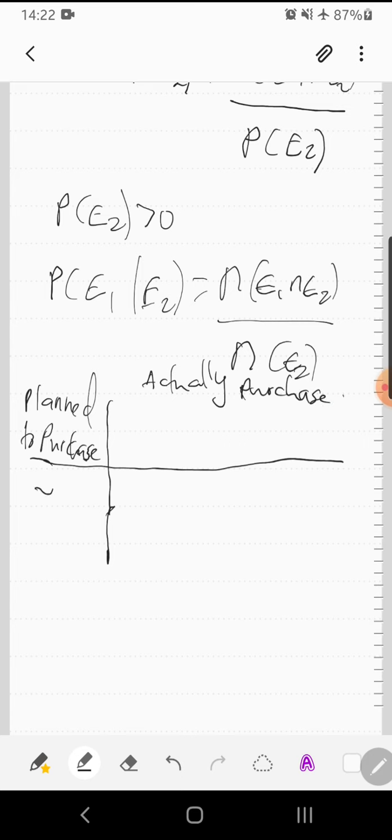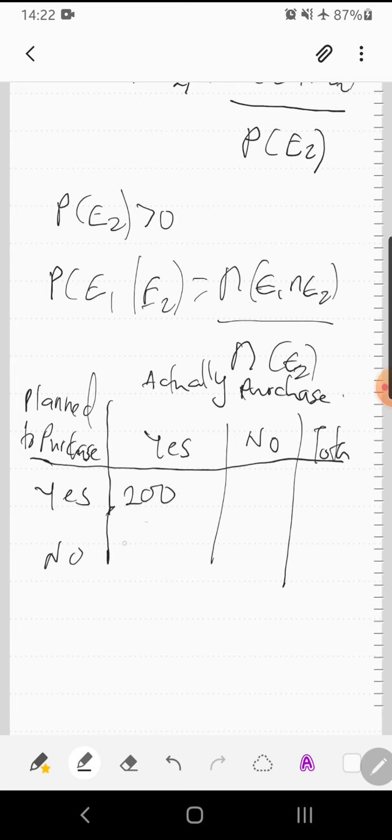Then we have yes and no, and we have the total. So we have 200, 100, 50, 650, 250, 750.